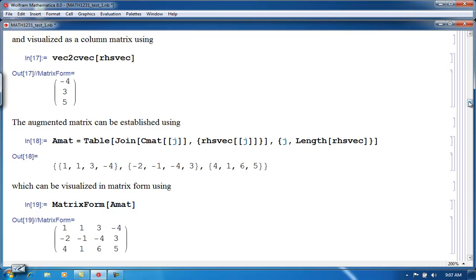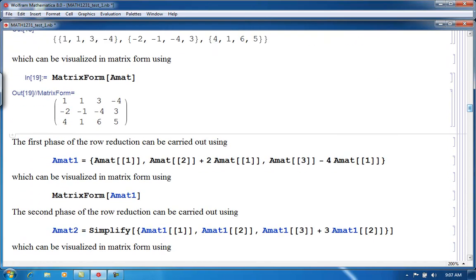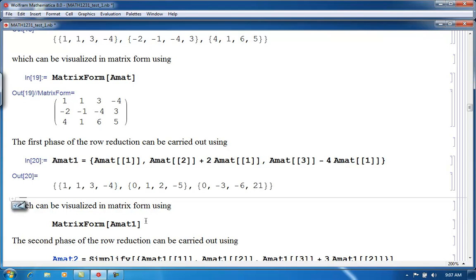And we now apply our method of row reduction, so we can see we add twice the first row to the second and subtract 4 times the first row from the third, and we can do that using this. And look at the result.